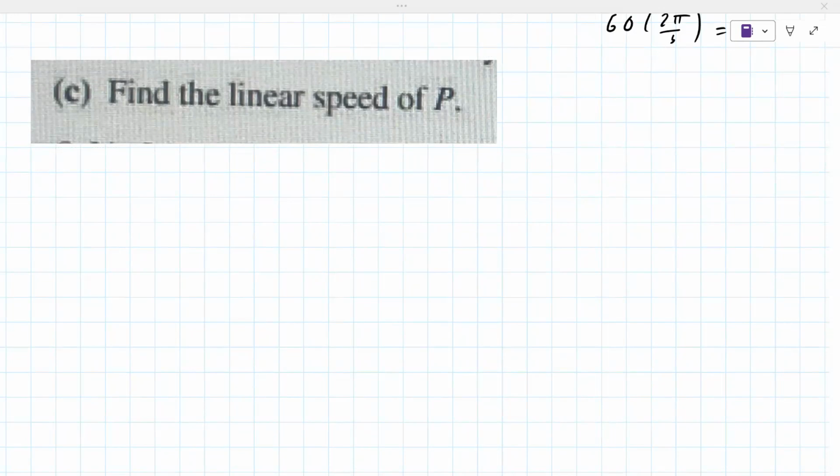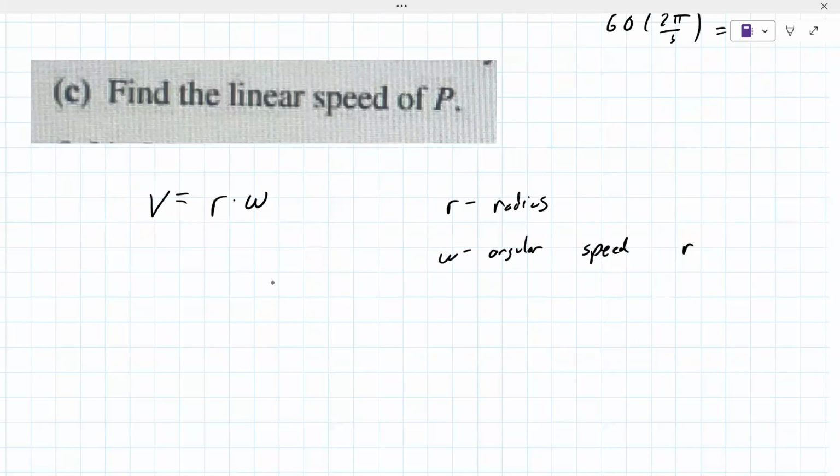V equals r w. Okay, usually it's done as r times w for linear velocity. R is the radius, w is the angular speed in radians per second.